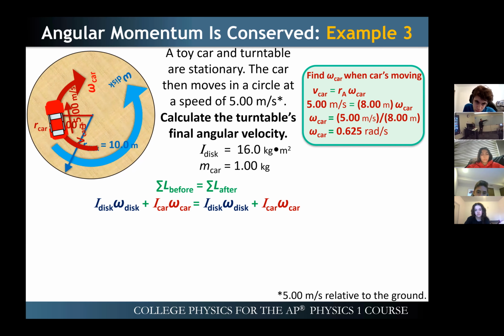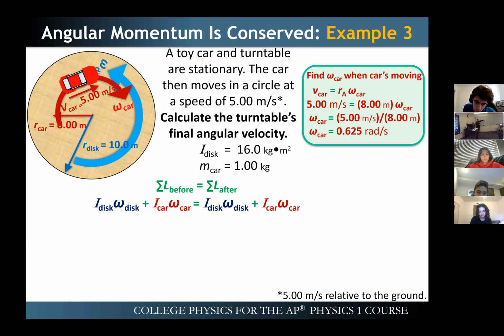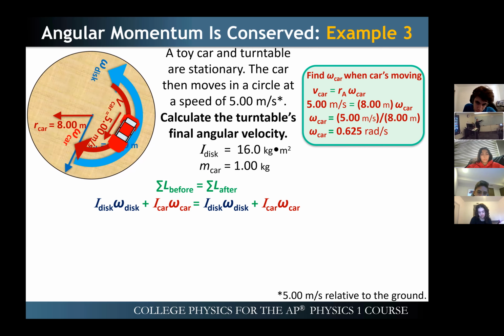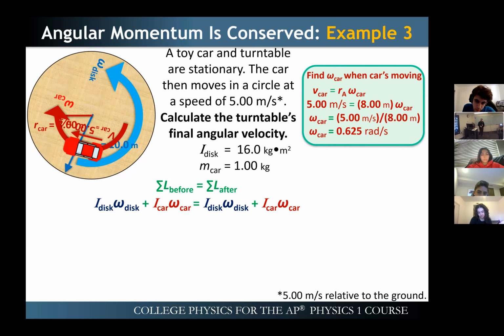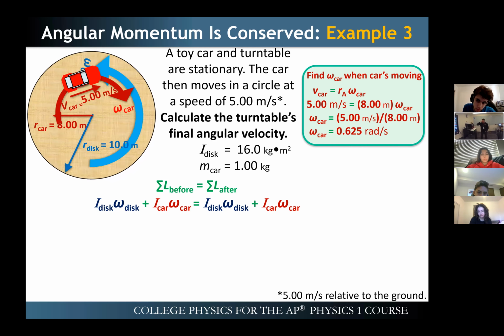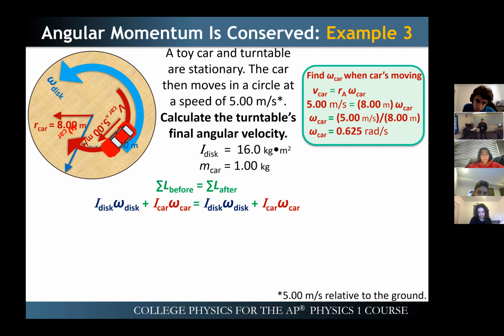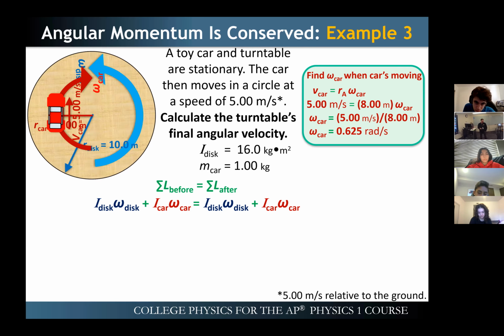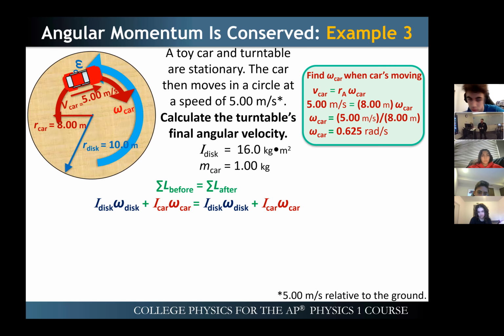We know it's 5 meters per second. We know it's 8 meters from the center of the circle, so we can find the omega, right? So that's what they're showing you here. We plug the 5 meters per second in for V, we plug the 8 meters in for the radius, and we can know that that 5 meters per second linear motion translates to 0.625 radians per second in rotational velocity.